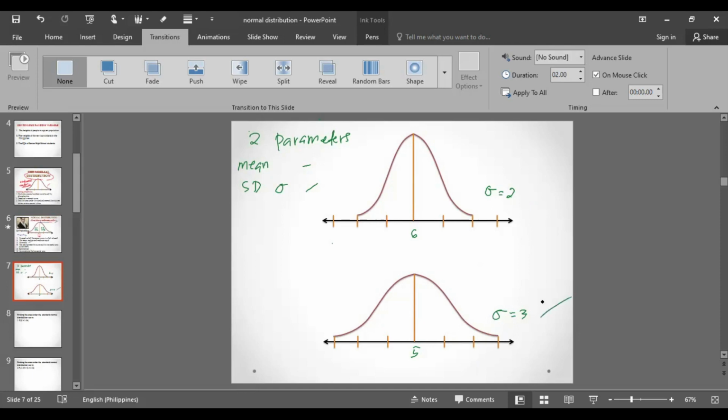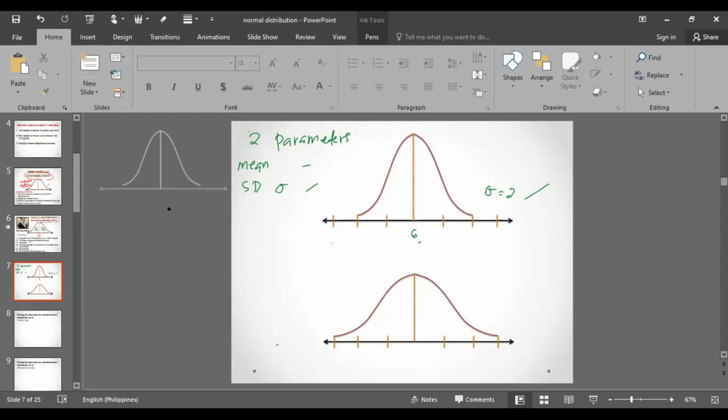This graph has a higher standard deviation and its graph appears wider, kasi nga mas spread out, mas hiwa-hiwalay yung values dito compared to this graph having 2 as the standard deviation. I hope you can see the difference. Again, pag sinabi nating normal distribution, it can assume any values for the mean and standard deviation.